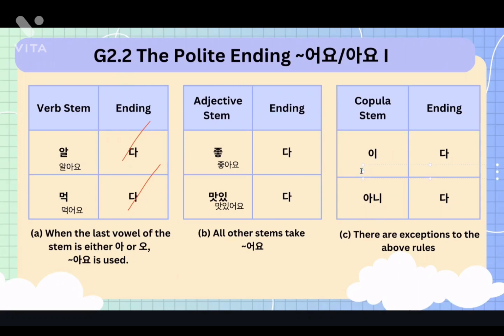So 이다 changes to 이에요 or 이예요. 아니다 changes to 아니에요. So only the copula stems, 이 and 아니, take the other form, 에요 or 예요. 이 should be 이에요, 이예요. 아니 should be 아니에요. Okay?